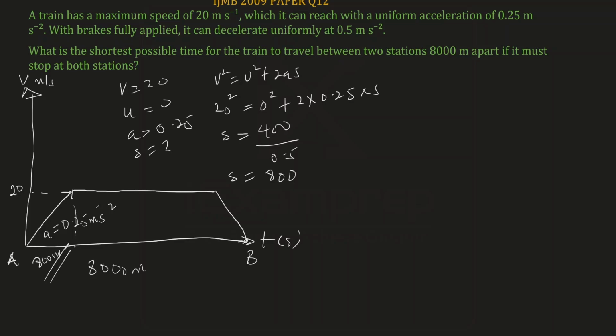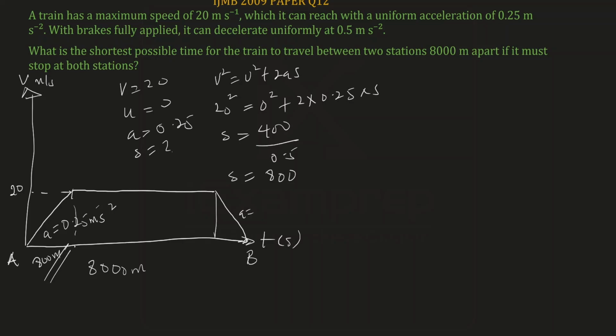Now, I do not know what is going on in between the motion, but I know that this object is decelerating to rest, and we have the magnitude of the deceleration. So for the deceleration part, the deceleration is 0.5 meters per second squared.